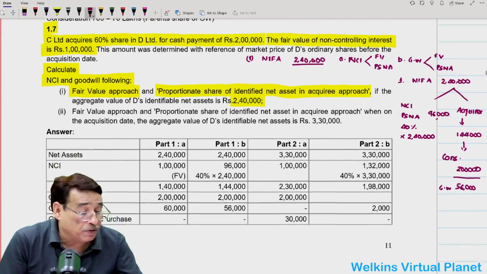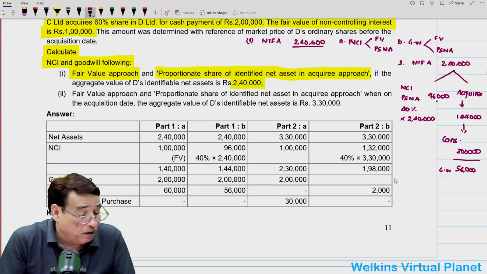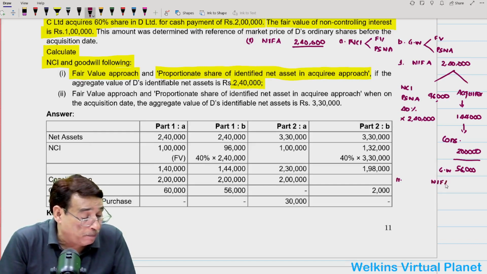Now suppose I consider NCI at fair value. First of all, I will write the amount of net identifiable assets as usual, which is 2,40,000.